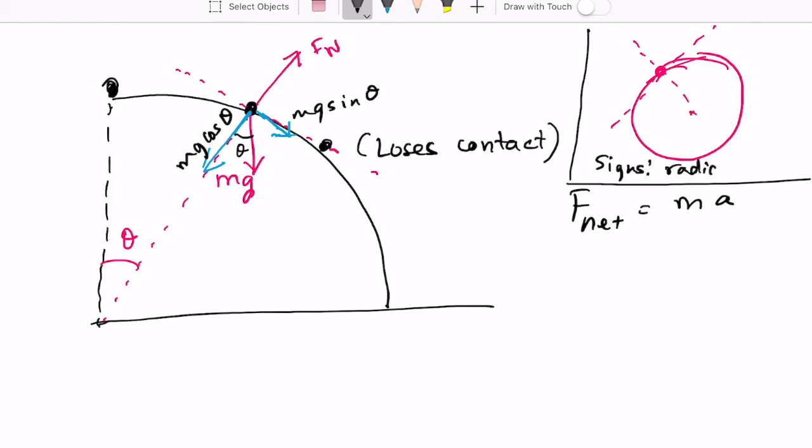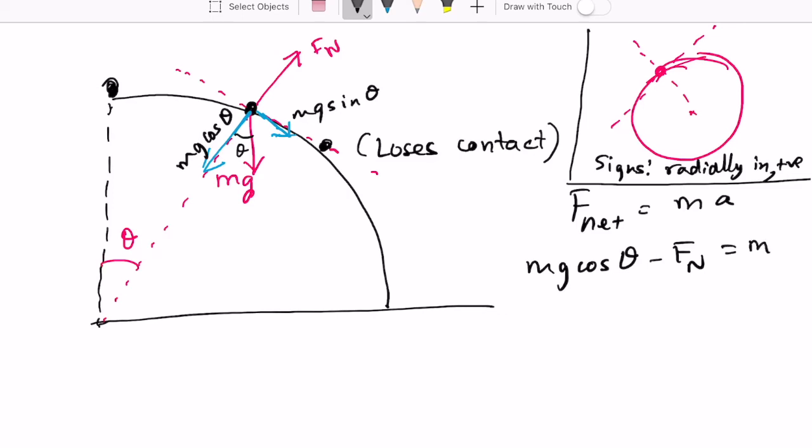I'm just writing radially in as positive. Radially inwards is positive. So with that sign convention, mg cosine theta should be given a positive sign. So mg cosine theta minus Fn, which is radially outward, so it's negative, is equal to mass times acceleration.